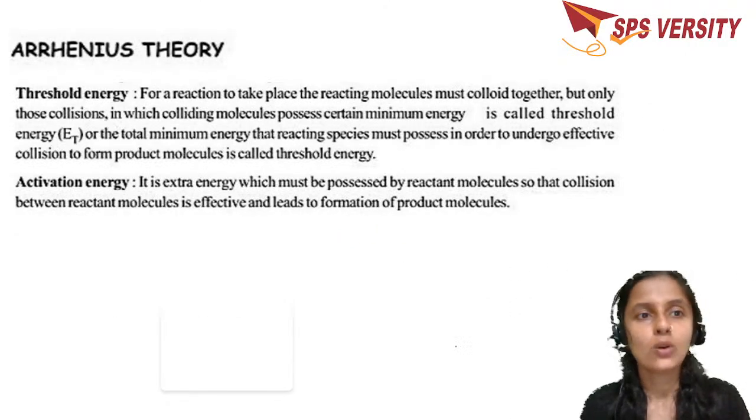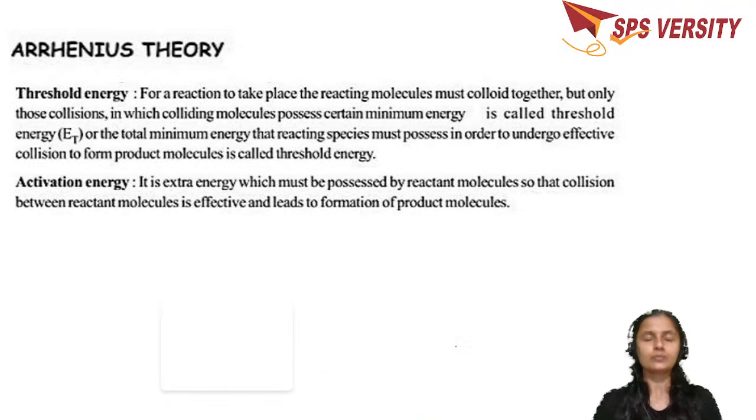Now we'll go to the Arrhenius theory. This particular theory explains, in a particular reaction, how you draw the energy profile diagrams, what exactly some terms are, and how the rate is going to be affected by the temperature. So we are done with the effect of concentration until now. And the effect of catalyst and the effect of temperature is what we are going to see from here.